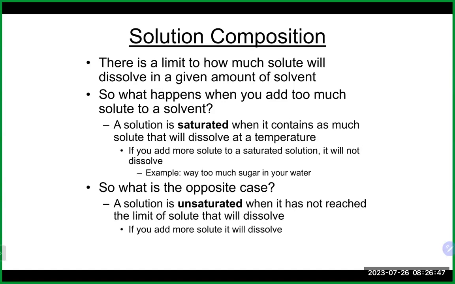So an unsaturated solution comes before a saturated solution, and you can continue to let it dissolve until it will not dissolve anymore. That's how you know you've hit a saturated solution for sure: you're scooping in your solid and it no longer is dissolving. So you've hit that point.